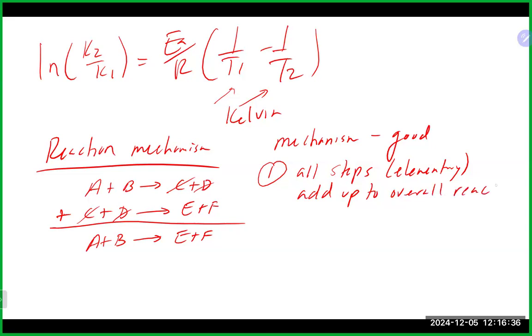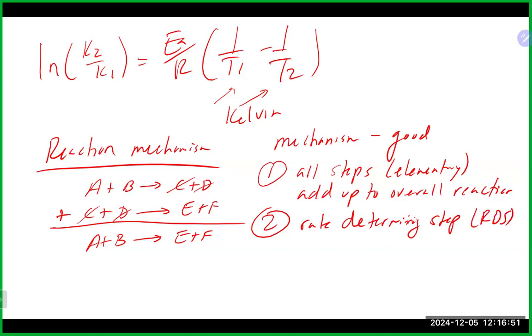Secondly, the rate determining step, or RDS, which is the slow step in the mechanism, should match the experimentally found rate law.